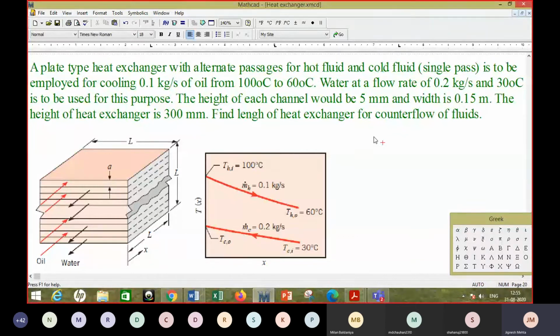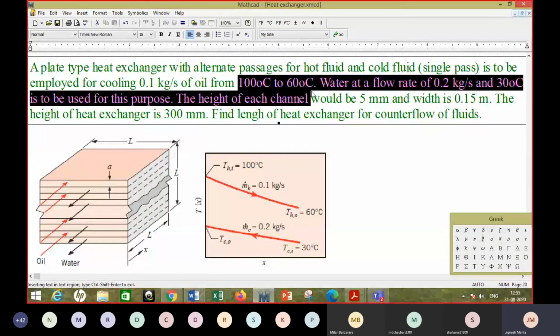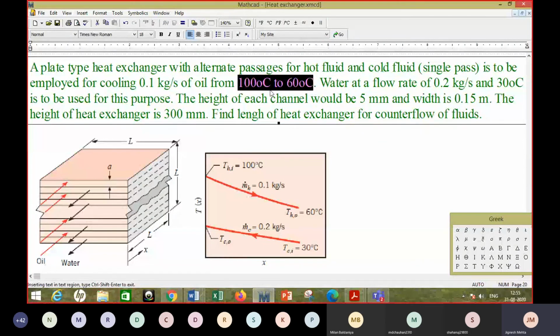So you can use that table. The temperature will be 160, average of that is 80. So at around 80 °C you will refer to the properties of unused engine oil, as they have written. So we may use the same properties.